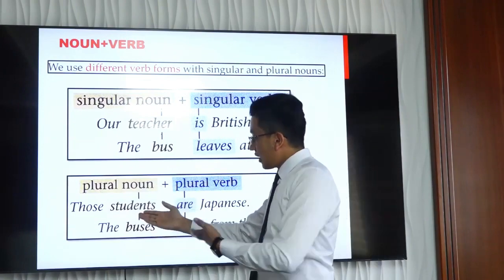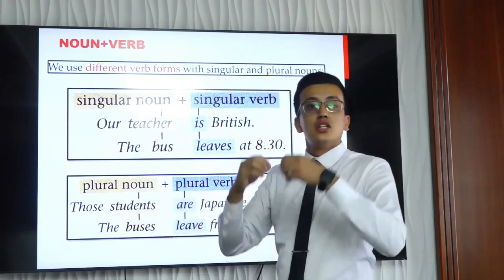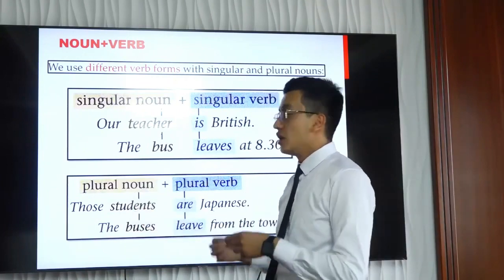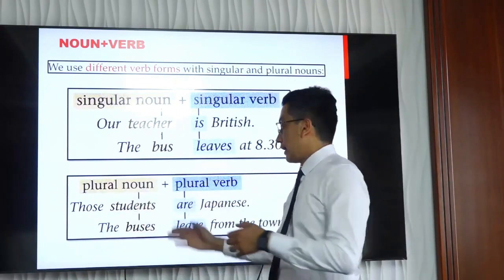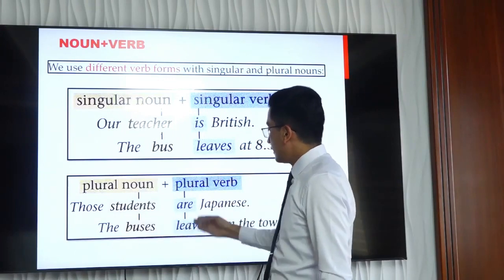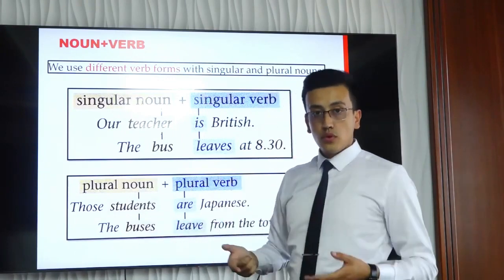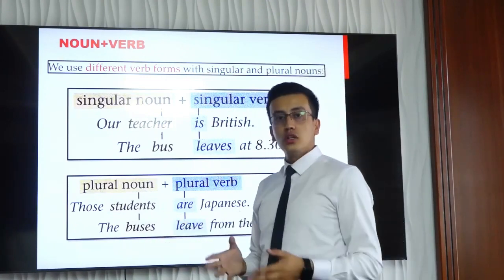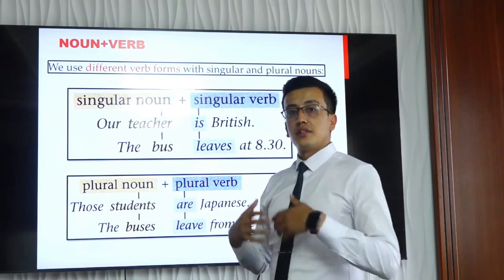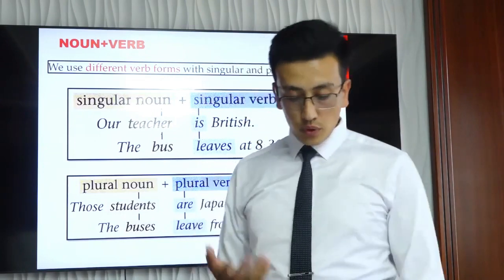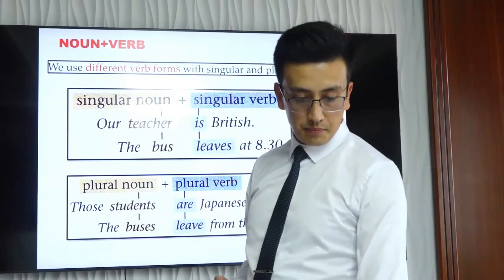Because it's not just one student, but students in plural, many students. That's why you should use the plural form of to be, like students are. And here also, buses and live. Live here is in plural form, in present simple, because we have not only one bus, but several buses. That's why we should use the plural form of this word.